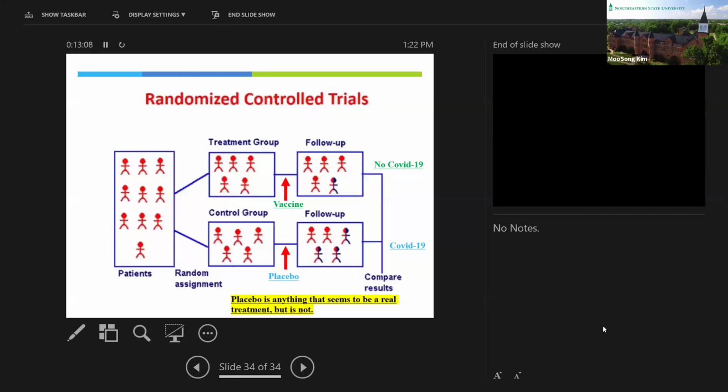Smoking or sexual-related studies, for example, we cannot do using this design due to ethical issues. Using this kind of testing, we can make conclusions that risk factors can cause the disease. Okay.